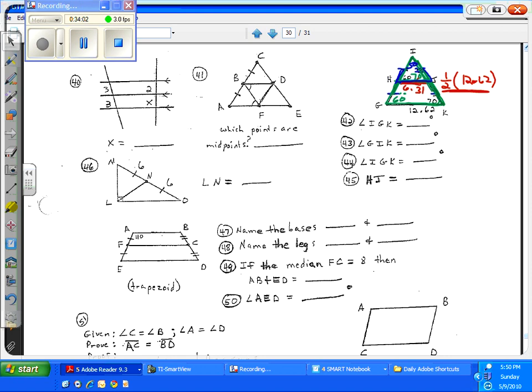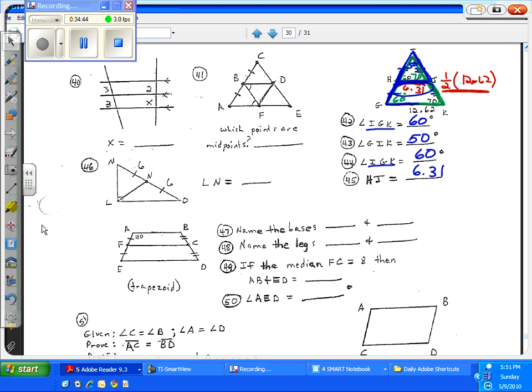Angle IGK is 60 degrees because it's corresponding to that given 60. Angle GIK is this angle up here. It's 50 because the sum of the angles of a triangle is 180. Angle IGK, that's the same as that. It's still 60. Our segment HJ was half of the third side, so it's half of 12.62, which is 6.31.